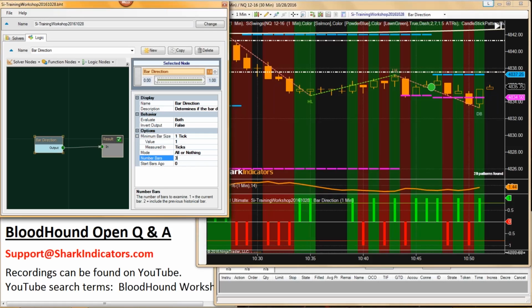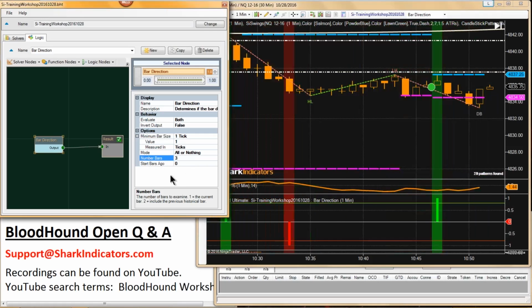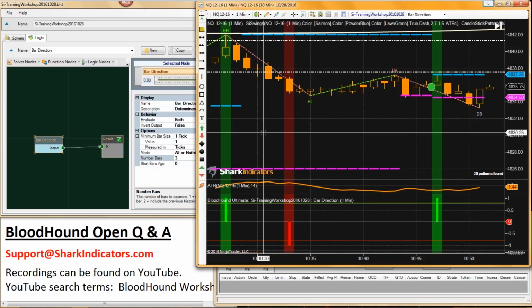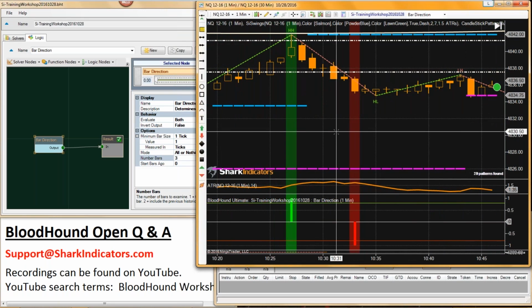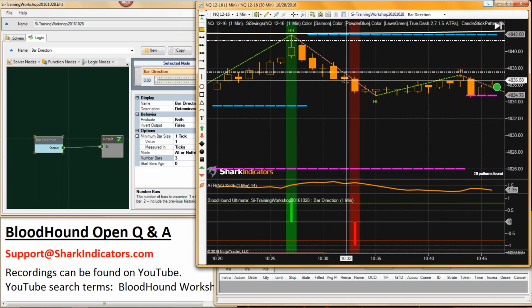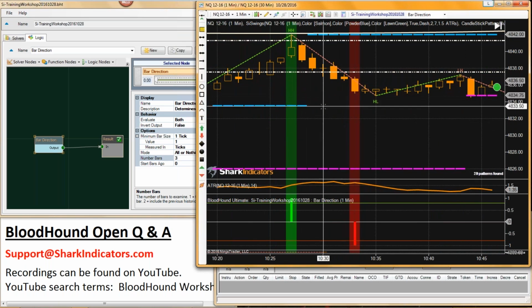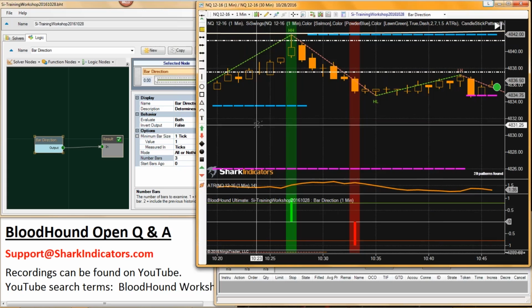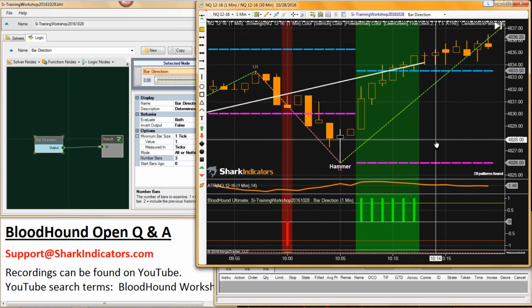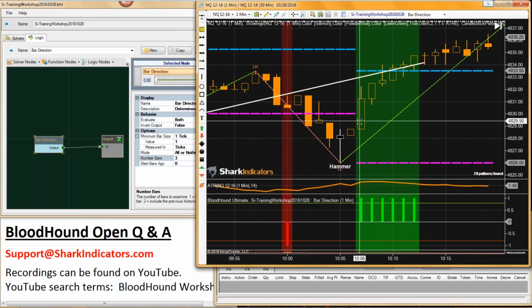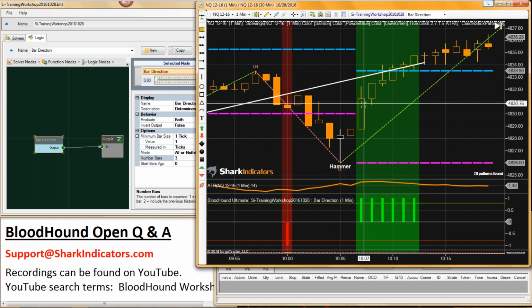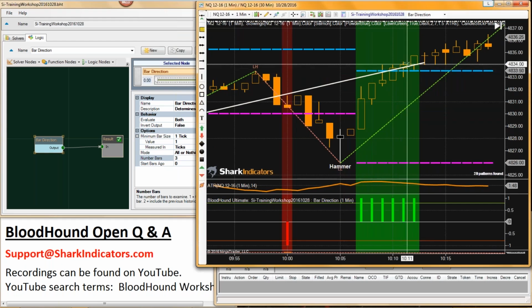So say I want to find three bars in the same direction. So now it waits for the 3rd bar in the same direction, and then it starts painting. So there you go. There's 3 up bars in a row plus many more up bars in a row, and it just keeps painting like that.